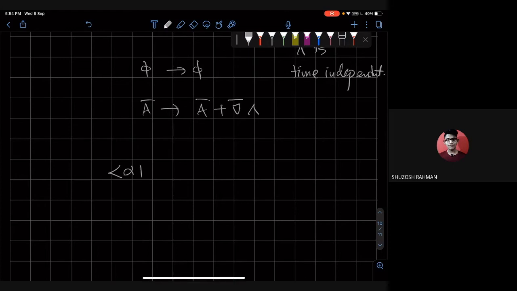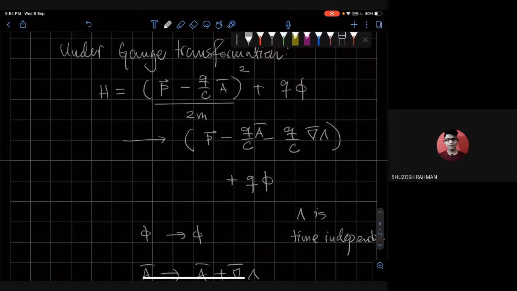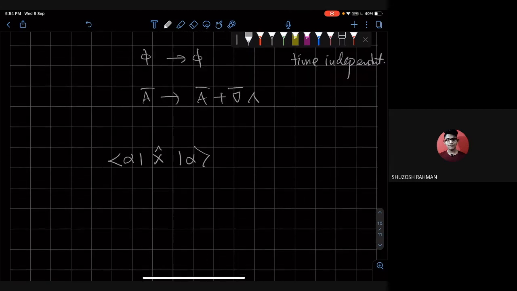So suppose that we have the position operator. We see that the position operator should not change under the gauge transformation, right? Because it doesn't have any P in it. So these are, if you like, conjectures.